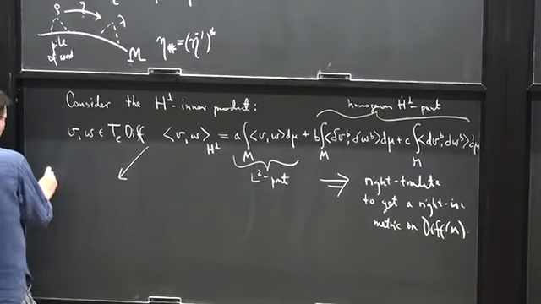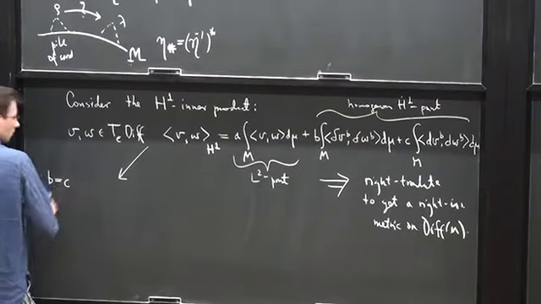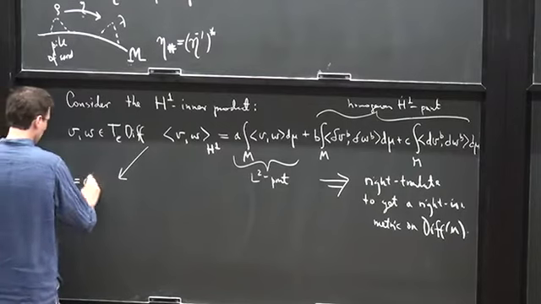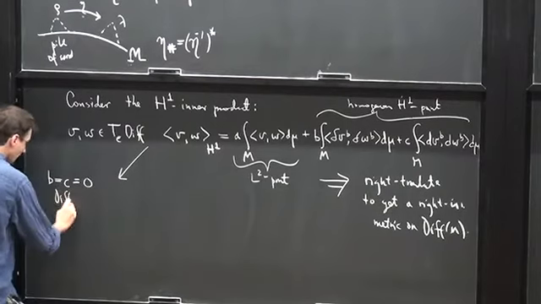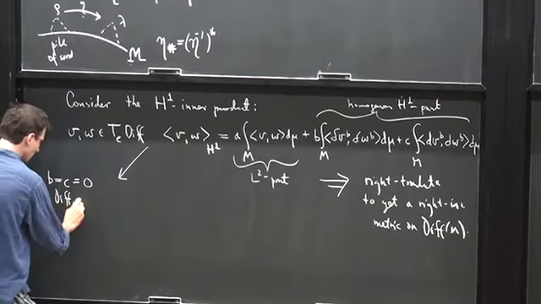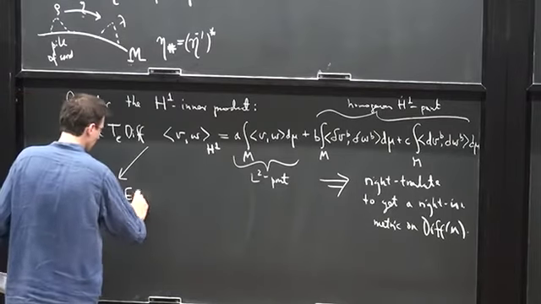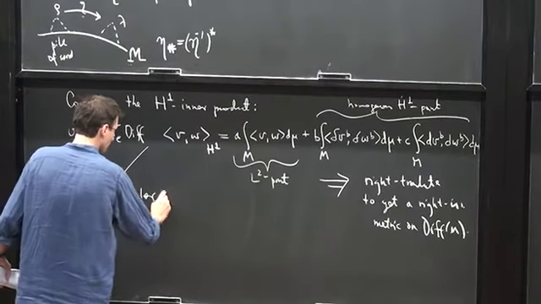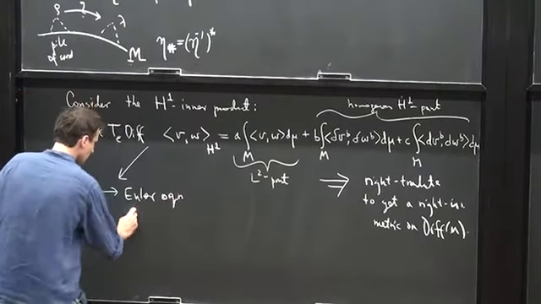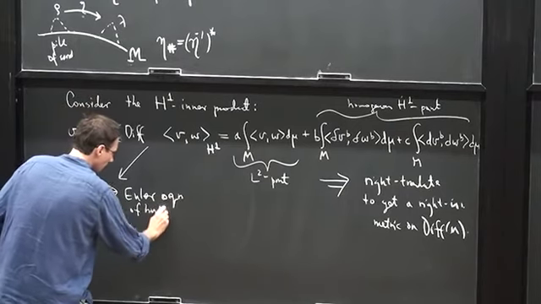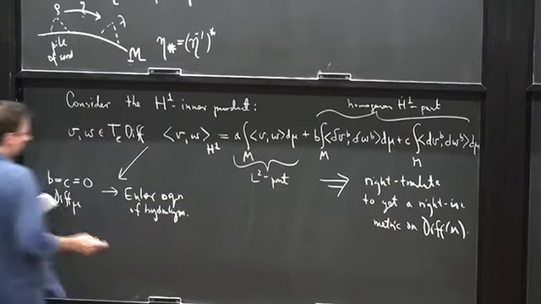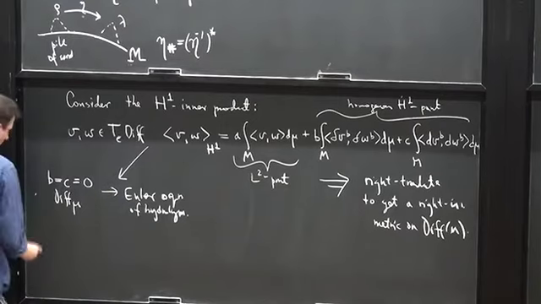So, for example, if B and C are 0, and we restrict to the subgroup, then of course we get the Euler equations of fluid dynamics, of hydrodynamics. Now, there was a mention earlier of Burgers' equation.